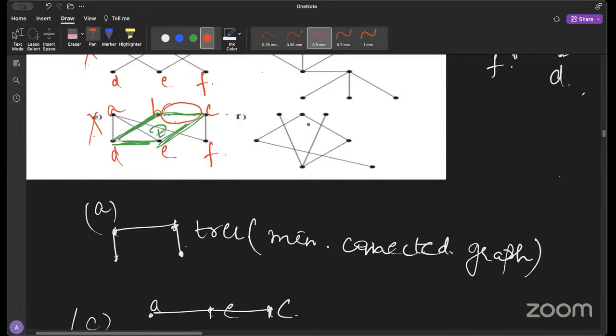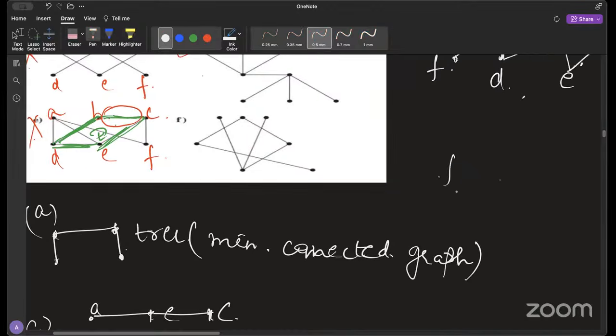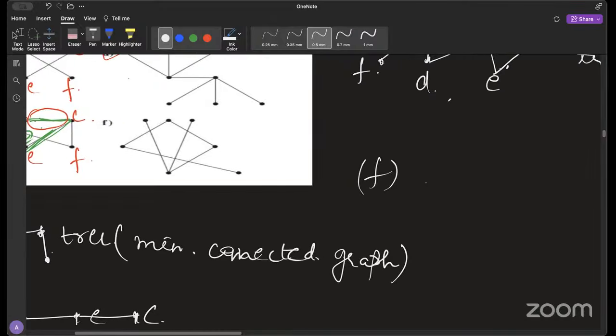Then coming to this one, we can draw this as, let's draw F here. Let's call this A, B, C, D, E. So this will be A connected to... they're connected in that order, right?